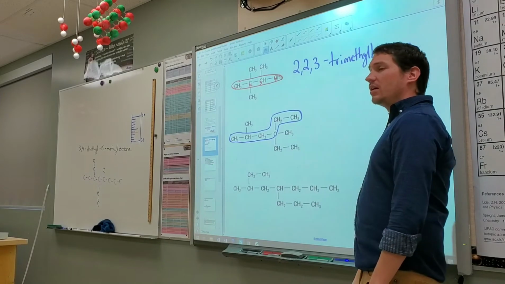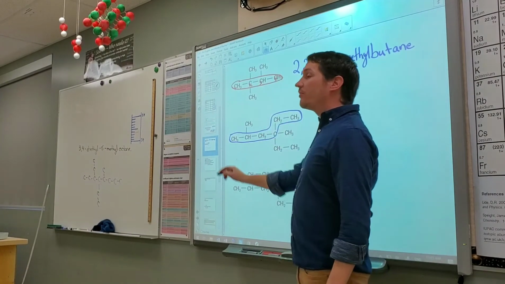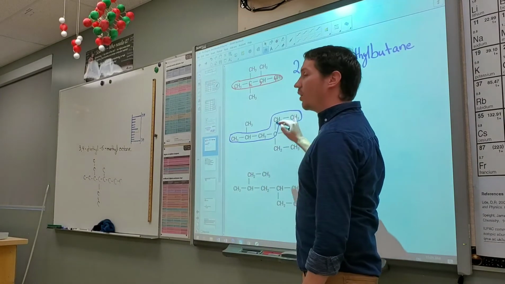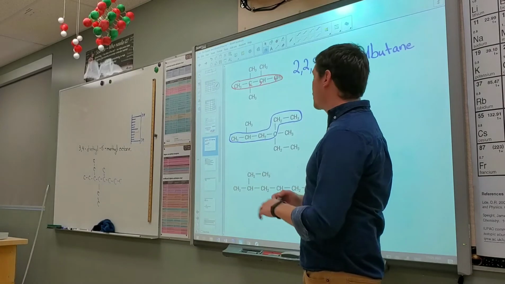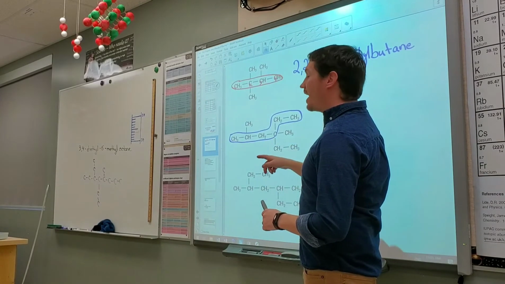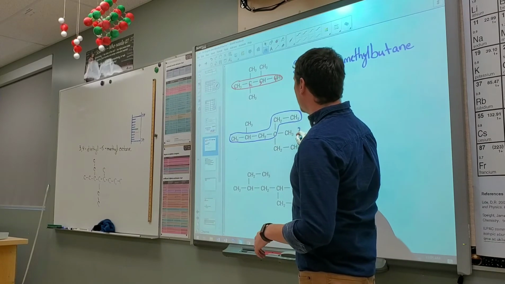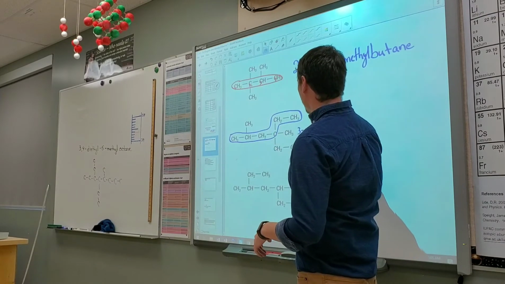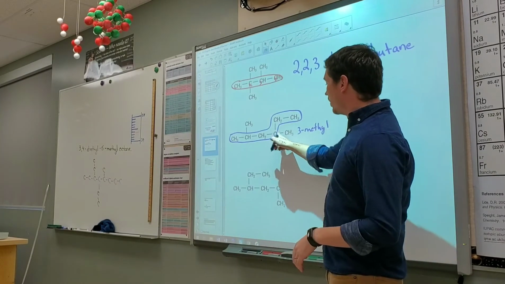Okay, let's try and number this. Do you want to number from left to right or from right to left? Right to left. Let's double check. This is going to be a 3-methyl group. Do you agree? And then what about this here?